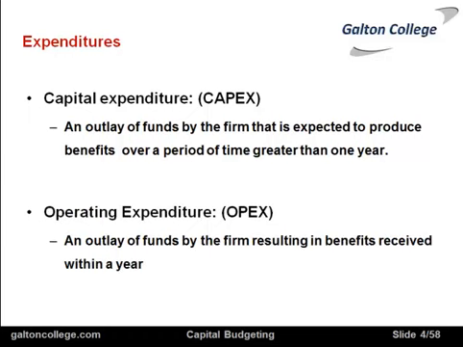And we've also got the operational expenditure, OPEX, and these produce benefits usually within a year. So some sort of investment which produces benefits in a short period of time. So really the difference between capital expenditure and operating expenditure boils down to time periods. Capital expenditure being the longer of the two.